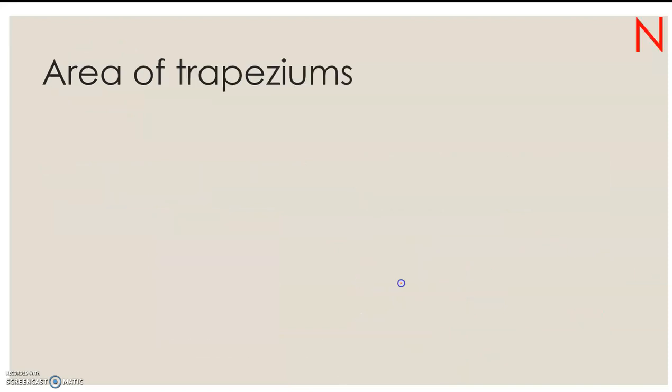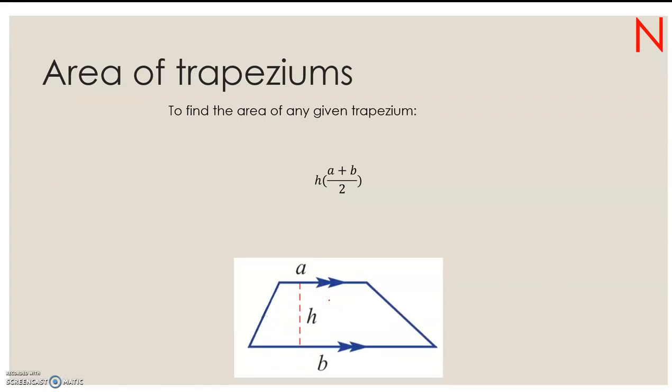All right, area of a trapezium. To find the area of a trapezium, this is the formula. We'll look at an example, but basically it's a little bit more tricky than the other formulas. For the area of a trapezium, you work out the height of the trapezium. Again, remember, it cannot be this measurement here or this measurement here.